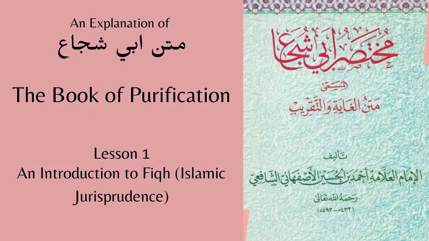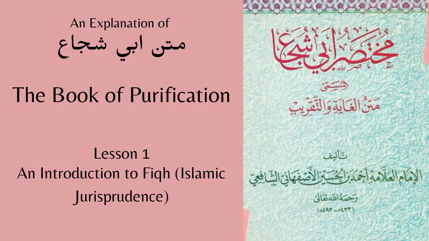The ulum al-shar'iyyah, the Islamic sciences, are like one body. And the ulama only separated the different aspects of ulum al-shar'iyyah and called them with different names to make it easy for us to study them. Otherwise, this is one religion, the religion of al-Islam.